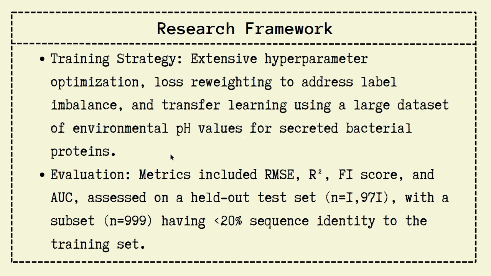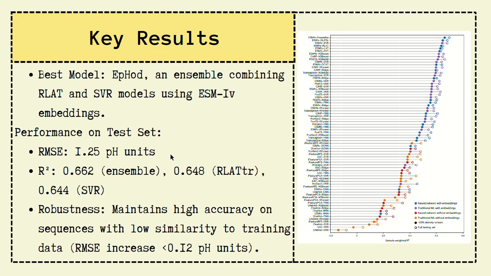So now let's talk about the key results for this paper. As we can see in the given diagram, the ESM1V ensemble, which is the model on top with the EPHOD, was the top performing model, as it is shown at the top of the chart here.